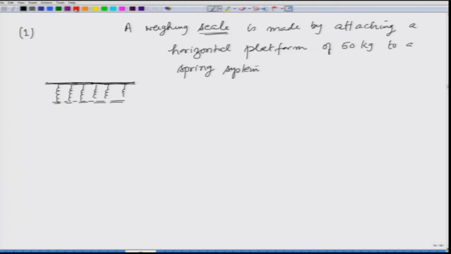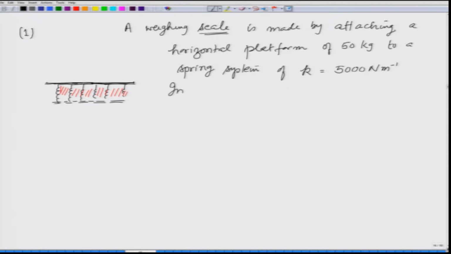So, this is a spring system here. Now, I am marking it red. So, these are many spring systems that have an effective K of K equals 5000 newtons meter inverse.